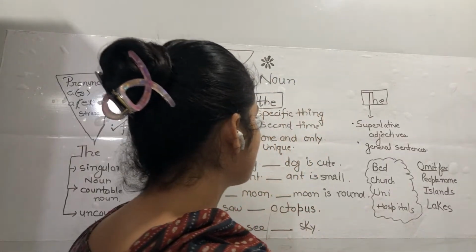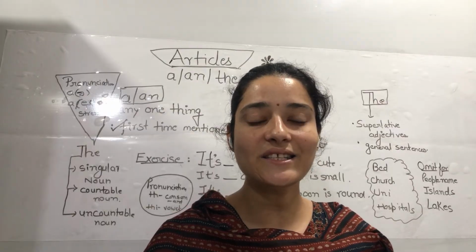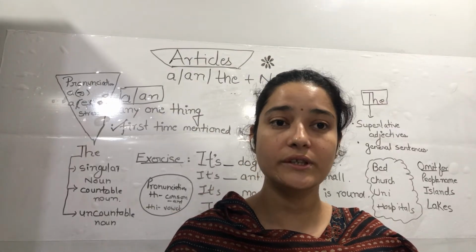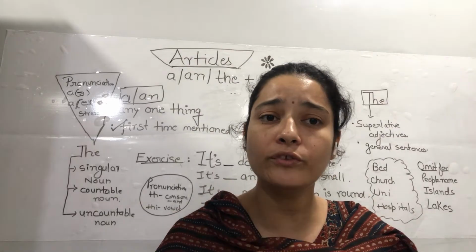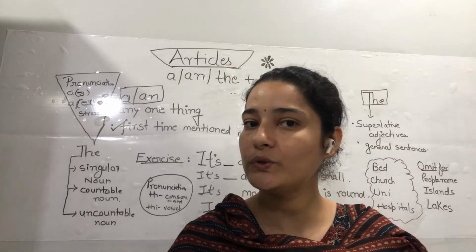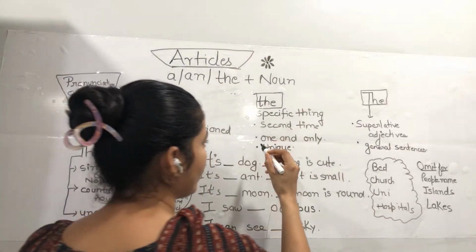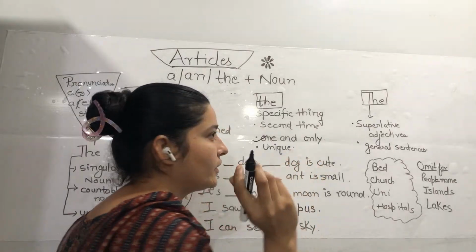Okay, and when not to use the articles: articles are not used for names of people. Name of any person, you can't use articles, okay? And one and only one, uniqueness.